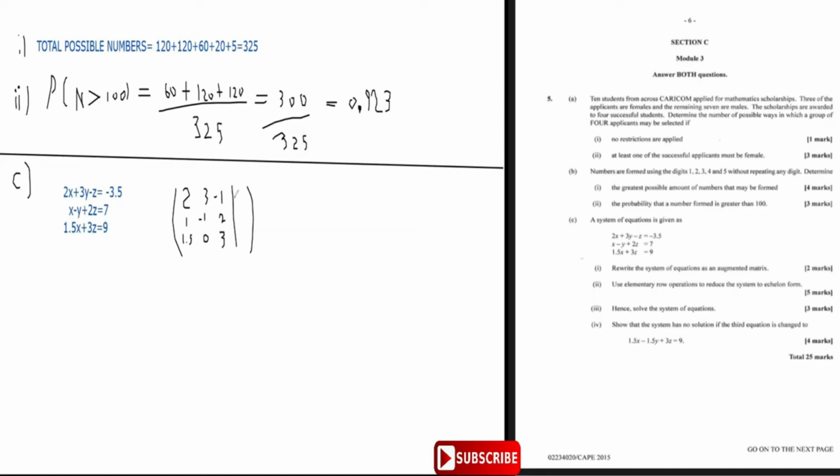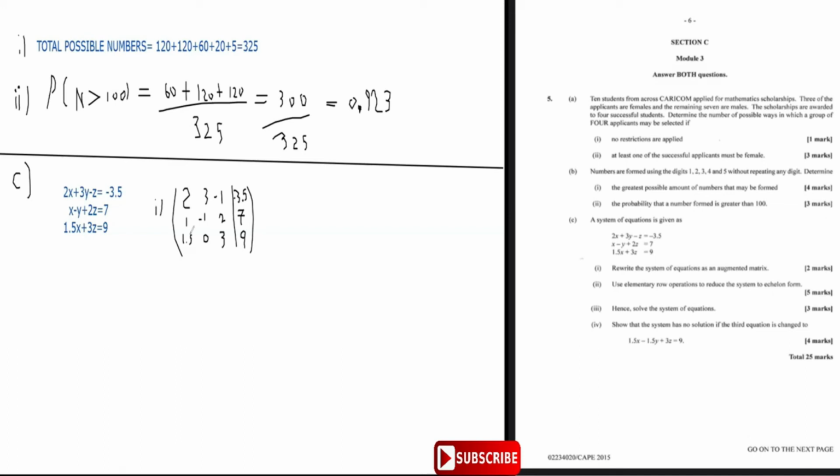Up here we're going to have the augmented column: minus 3.5, 7, and 9. Nice and easy. All right, so that's the augmented matrix. That's part I. Let's look at the next part.